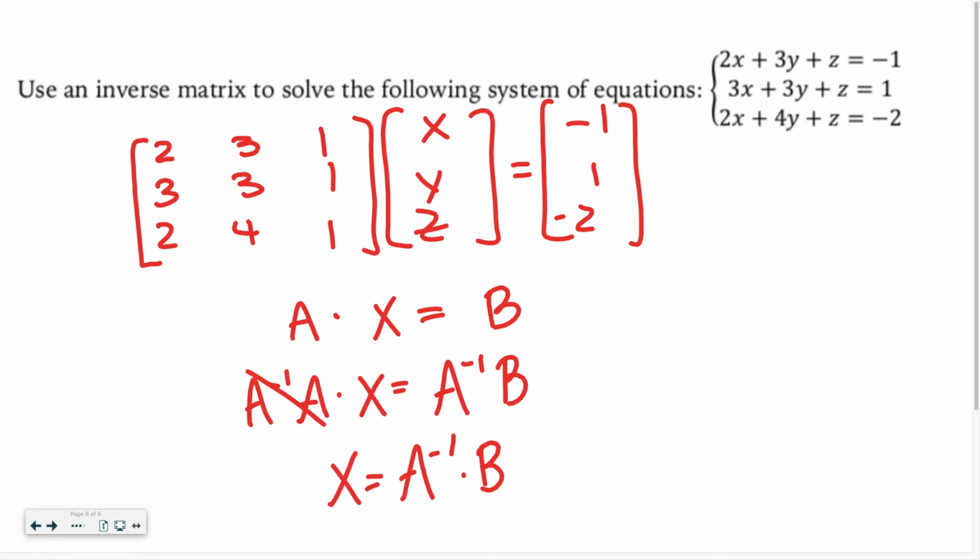In your calculator, edit A to be this 3 by 3. And edit B to be this 3 by 1.